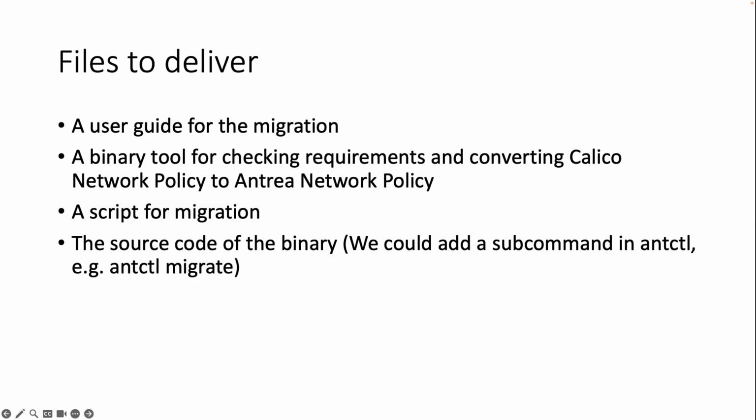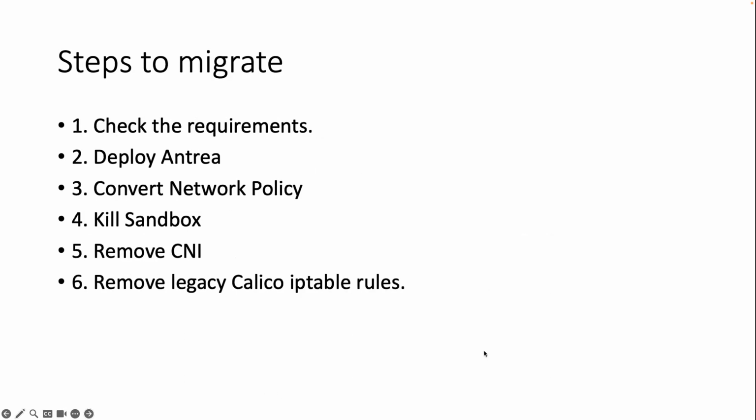Okay, I will show you the steps to migrate. The first step is to check requirements. The migration tool will check all the requirements. If the requirements are not satisfied, the migration will not begin. The second step is to deploy Antrea.